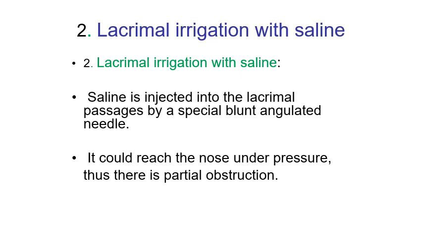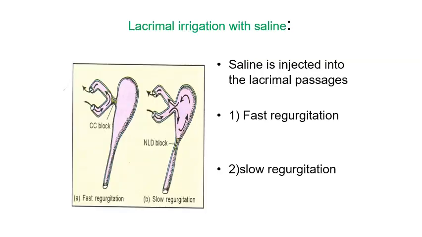So when you are irrigating the lacrimal sac with saline, you have to know what things can occur. First, when the saline is injected into the lacrimal passages, the first thing that can occur is fast regurgitation.